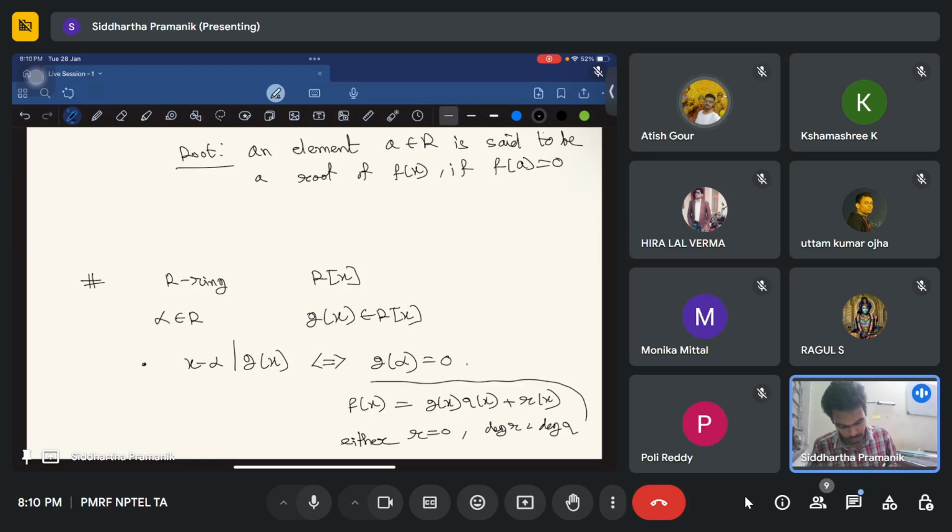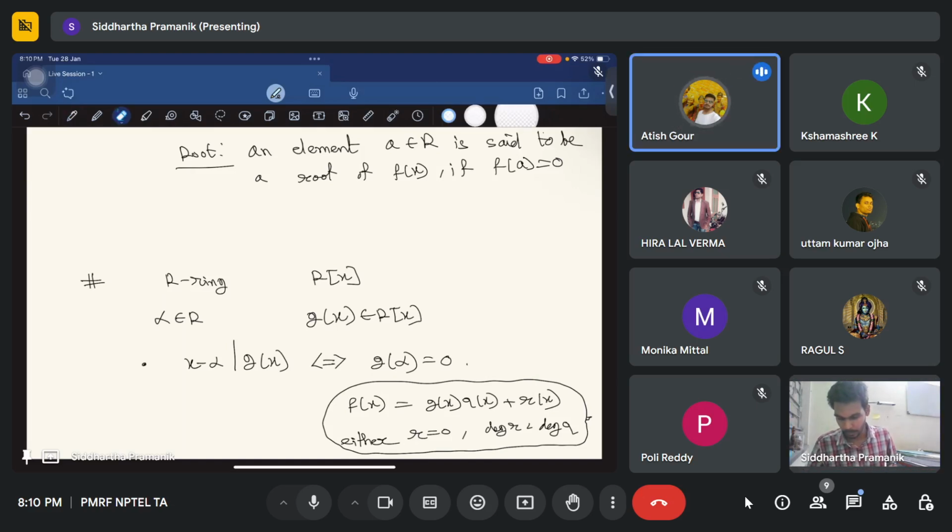This whole thing is part of the statement of the division algorithm, right? So whatever assignment is given should come from the division algorithm, I think. All right, so I will go with the division algorithm then.